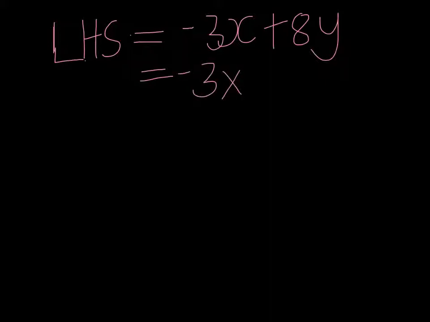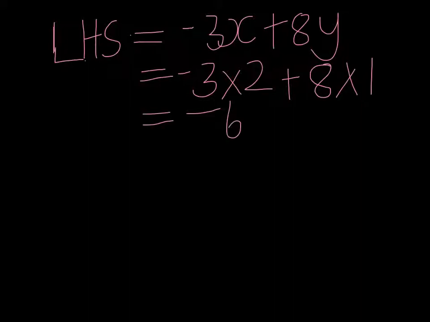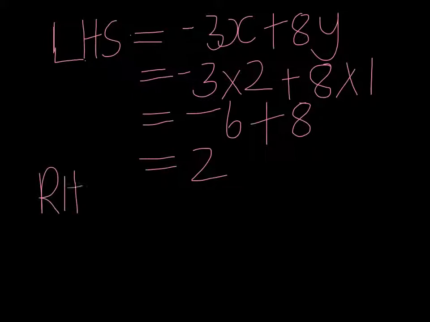So x was 2 and y was 1. This comes out at negative 6 plus 8, that's going to be 2. But our right-hand side of our equation is also 2.